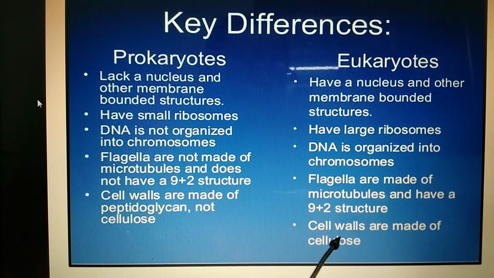Please make a mark: the cell wall of bacteria is made up of peptidoglycan and the cell wall of plants, only plants, is made up of cellulose.